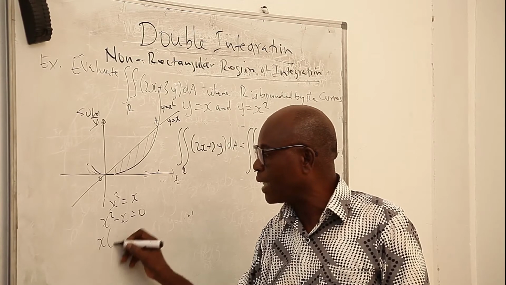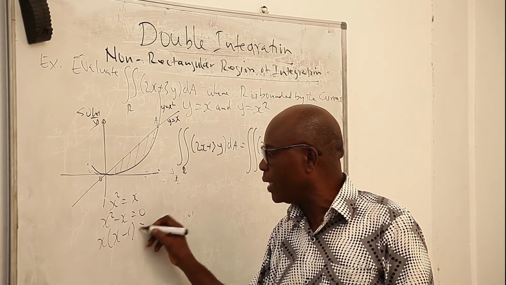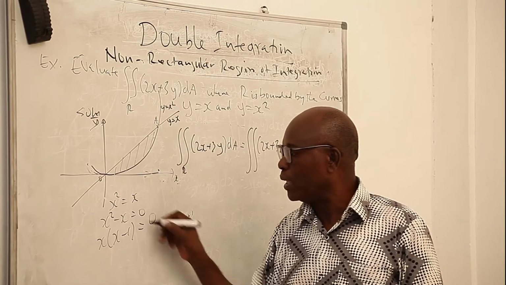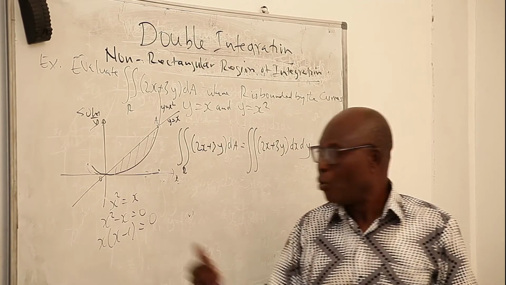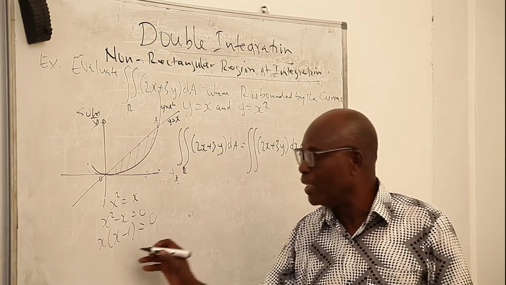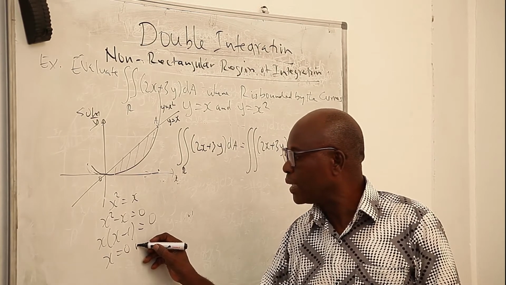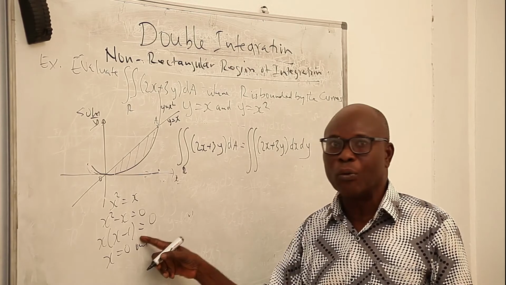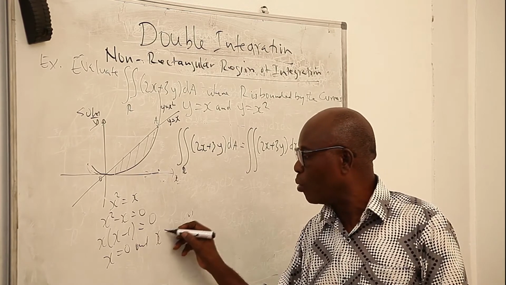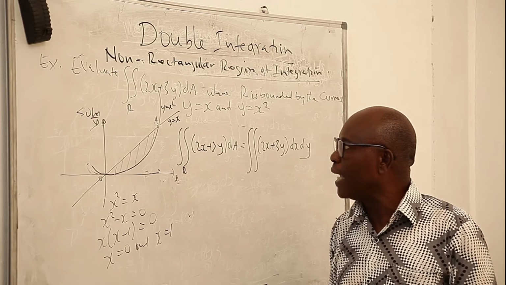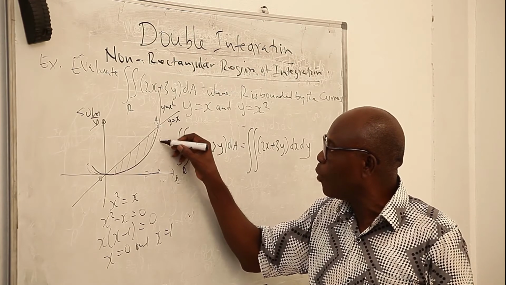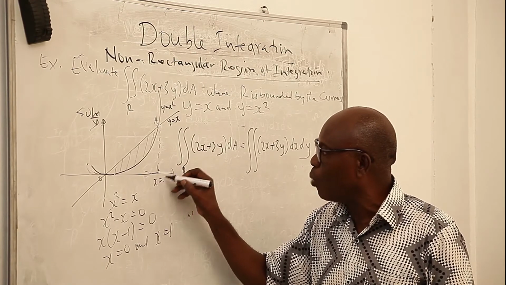Therefore, if we bring x outside the bracket, x into x minus 1 equals 0. And so, when these two terms become 0, it means that either x equals 0 or x minus 1 equals 0. Therefore, x equals 1.